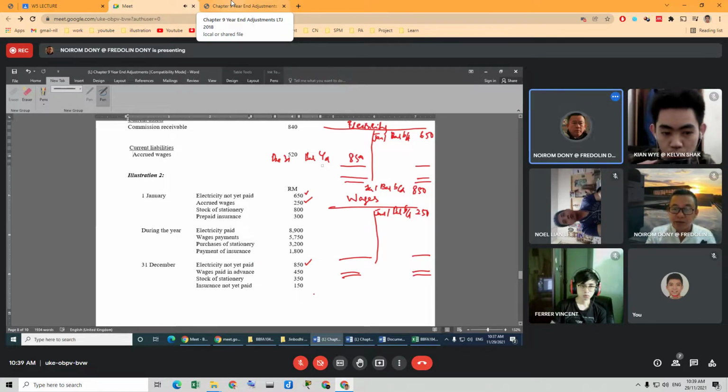So asset, balance BD must be debit. Okay, closing now. So balance CD, the opposite. So December 31st. This one, January the 1st. So I put the figure 450. So 450, 450. So I do the wages and electricity. Later I show the stationery and insurance.